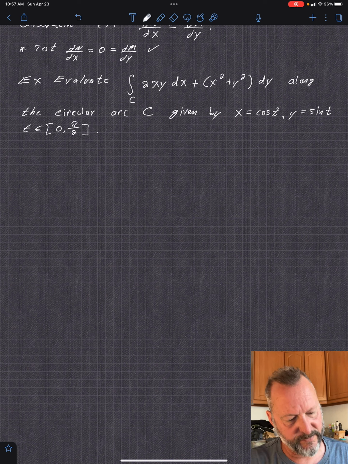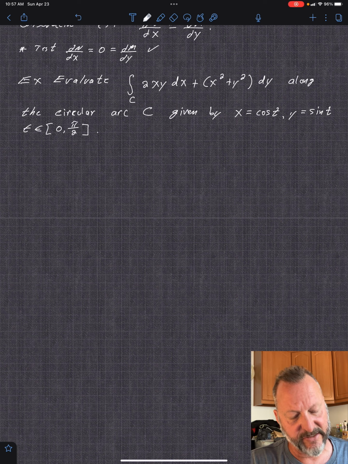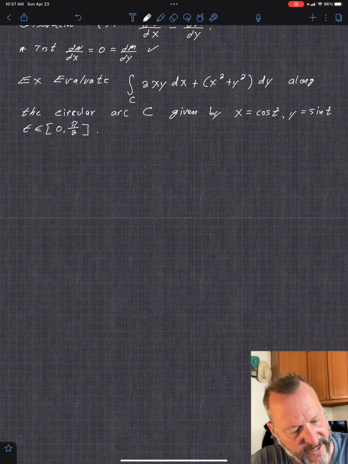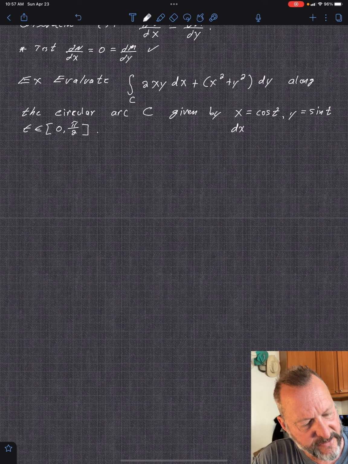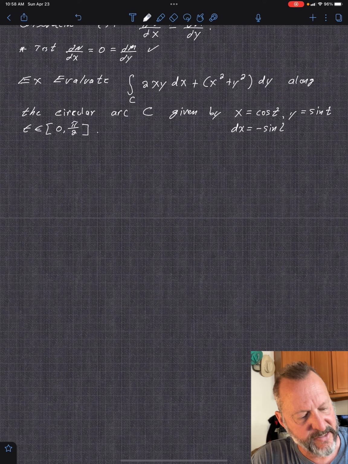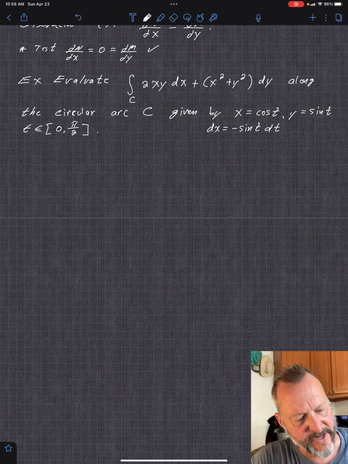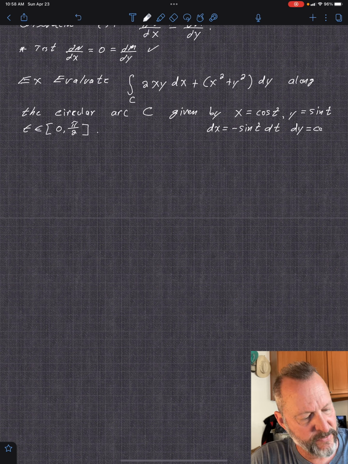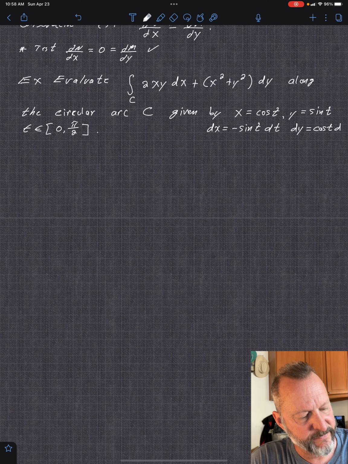So if our x is cosine t and our y is sine t, then if you calculate your dx, that equals minus sine t dt. Let me move that over. And your dy is equal to cosine t dt.